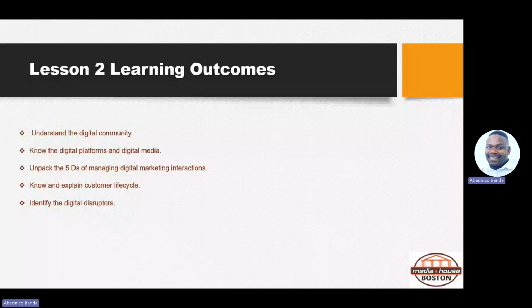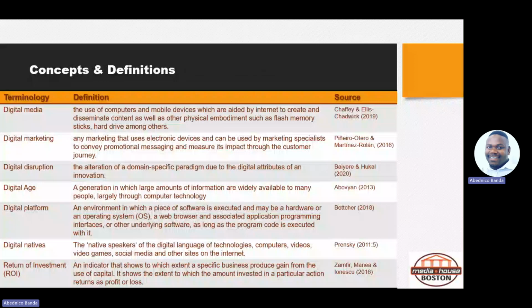So these are the key concepts that we are going to mention as this lecture progresses. You come across the concept of digital media, digital marketing, digital disruption, the digital age, digital platform, digital natives, as well as return on investment.